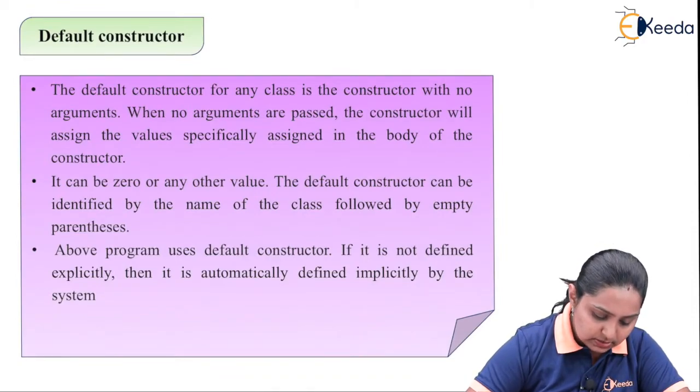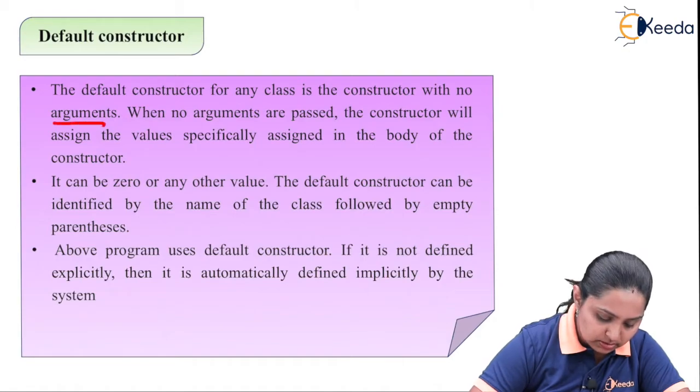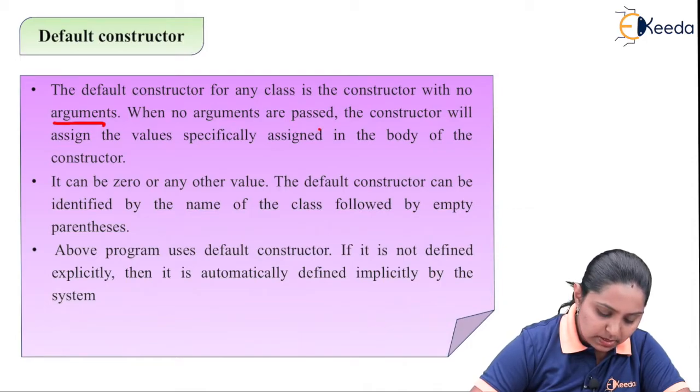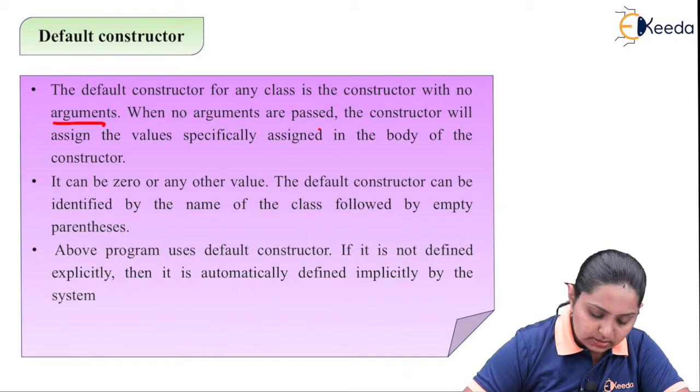A default constructor for any class is the constructor with no arguments. When no arguments are passed, the constructor will assign the value specifically assigned in the body of the constructor. It can be 0 or any other value. The default constructor can be identified by the name of a class followed by empty parentheses.